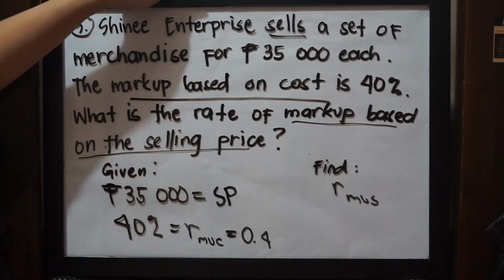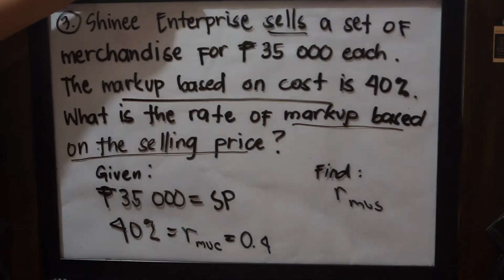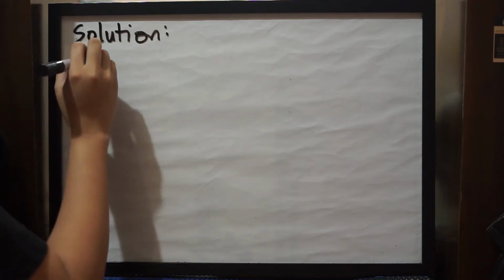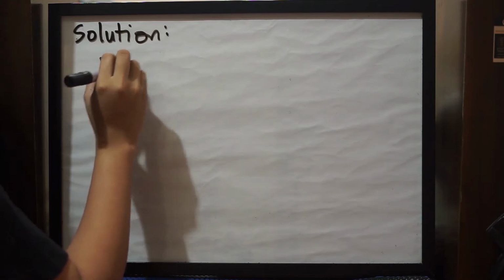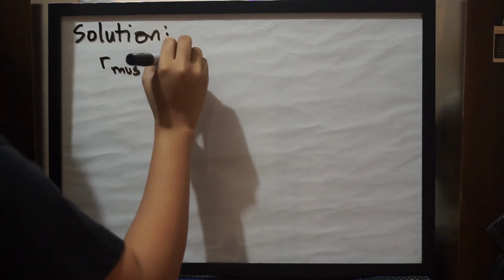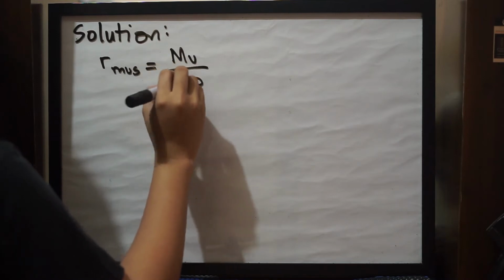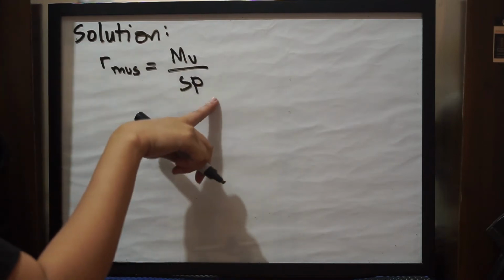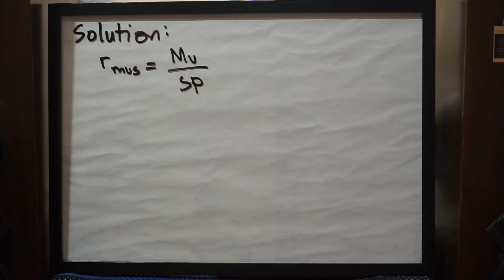So, ngayon, paano natin ngayon hahanapin yung rate of markup based on selling price? Based on the previous problems, nakaderive na tayo ng formula na yung rate of markup based on selling price can be computed by dividing markup and selling price. Ngayon, may selling price tayo, kaso wala tayong markup.